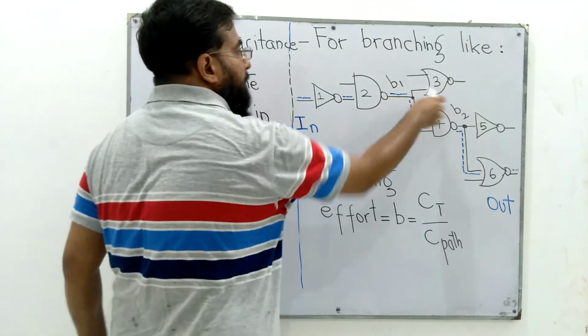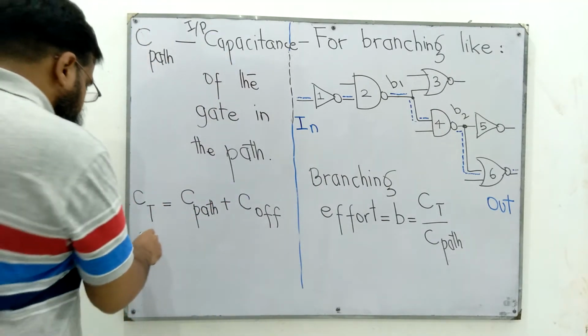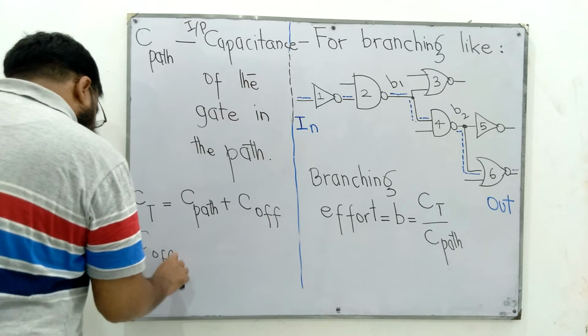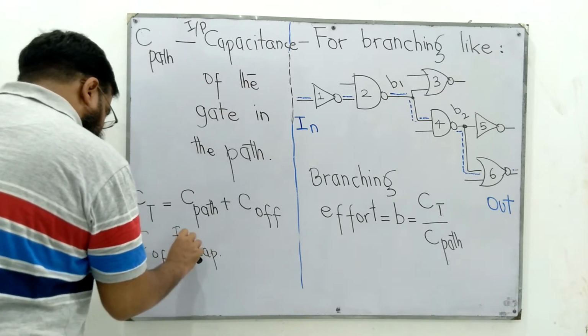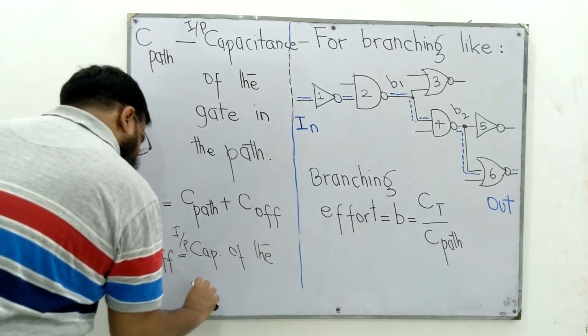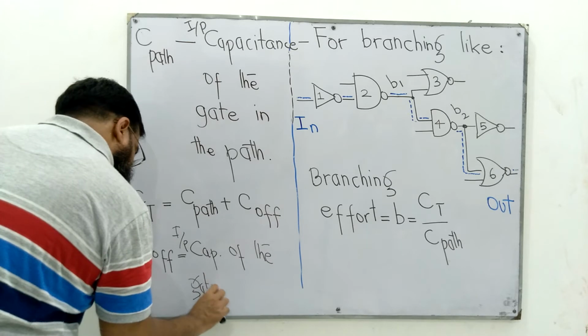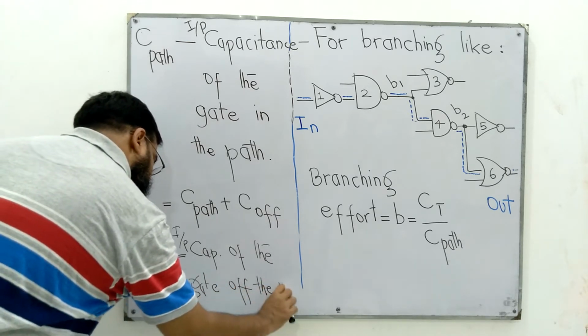This gate 3 is off path, so C off is the input capacitance of the gate that is off the path.